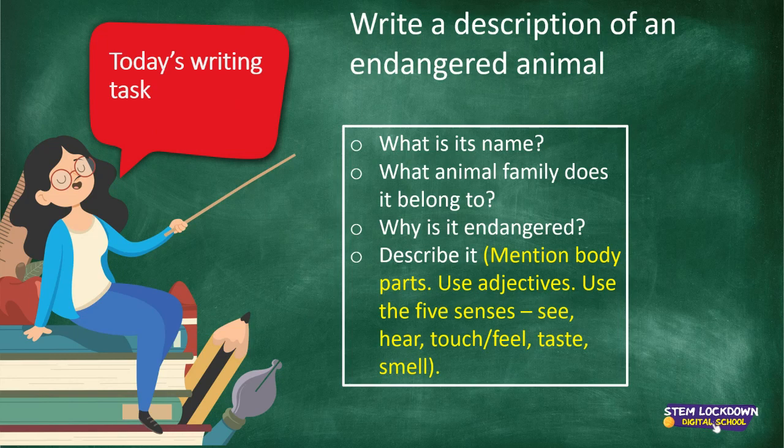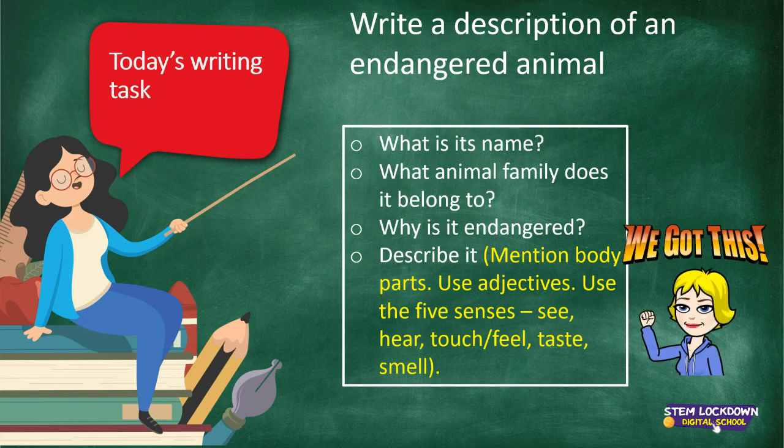So you'll talk about what you see, if you had to touch it, what it would feel like, if you had to hear it, what noise it makes. Taste you can't really do unless it's an animal that you eat. And has it got a particular smell that you notice? Okay, so let's get started with that.